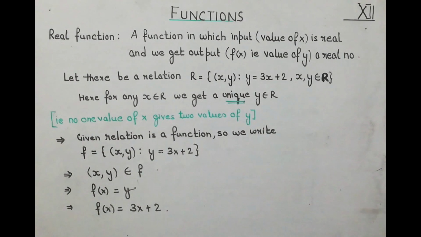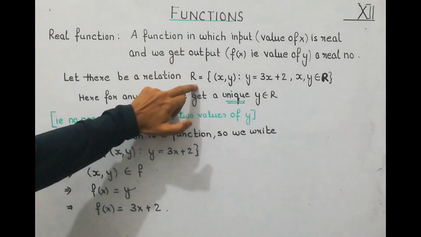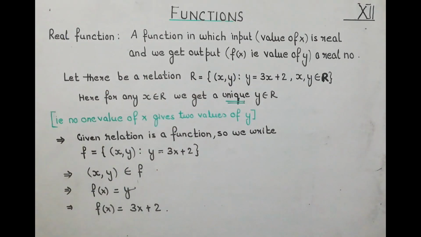Now, can you think of any real number which you substitute over here and you get two images? So it's not possible here. So we can say that this relation is a function. See, there were two words for the function: each element of x and the unique image.